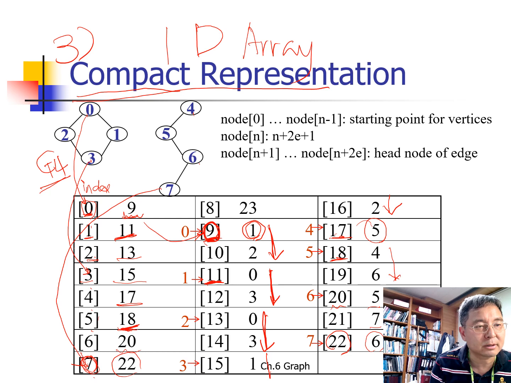Of course, the next index is 23. From index 23, it is available memory space. So index 8 will store where the free available memory space starts, which is 23.